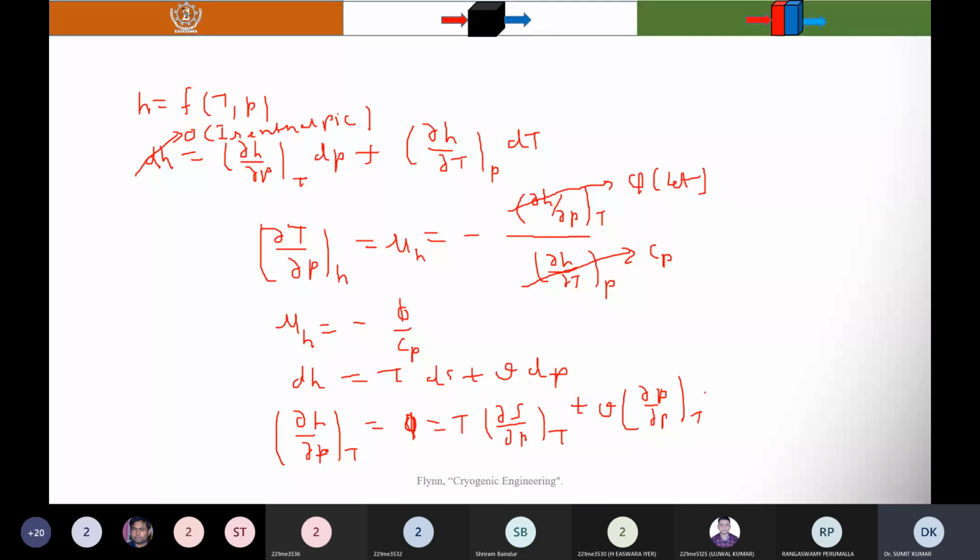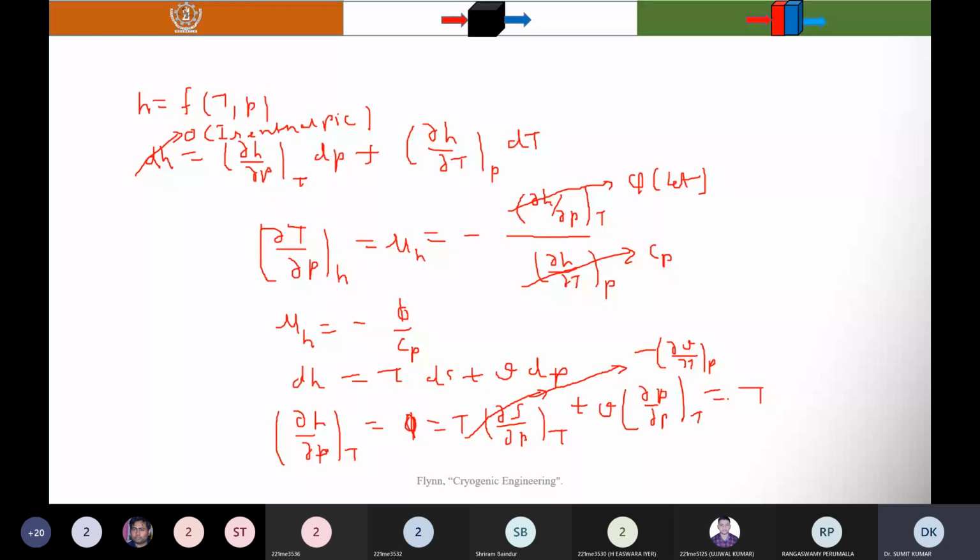So phi is equal to T into, using the Maxwell relation, minus the partial derivative of V with respect to T at constant pressure P, plus V. You will find that phi is V minus T into the partial derivative of V with respect to temperature T at constant pressure P.